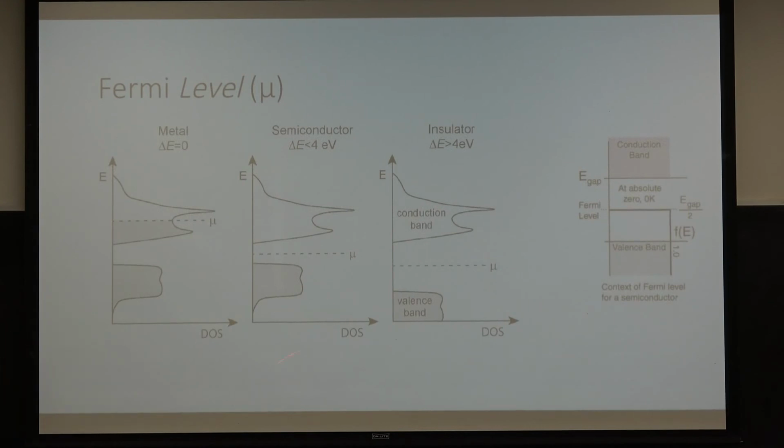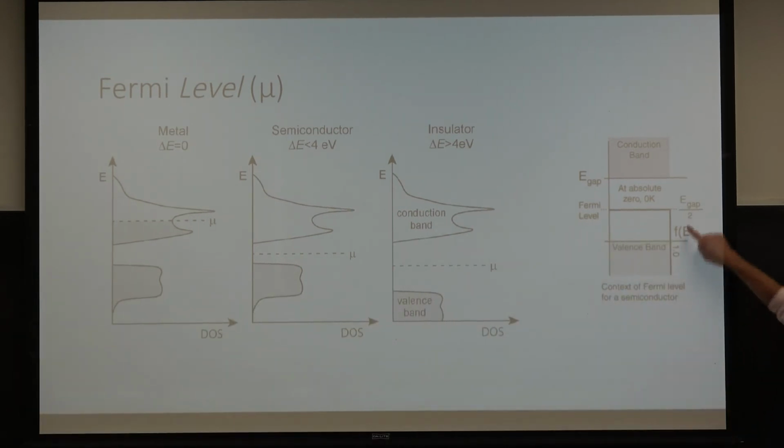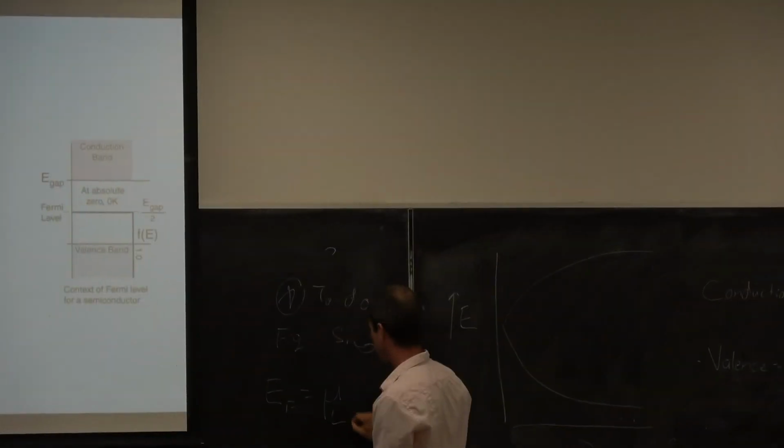The Fermi level at 0K is the highest level that's filled. At 0K, it equals 1/2 of the band gap. So at 0 Kelvin, the Fermi energy equals the Fermi level.